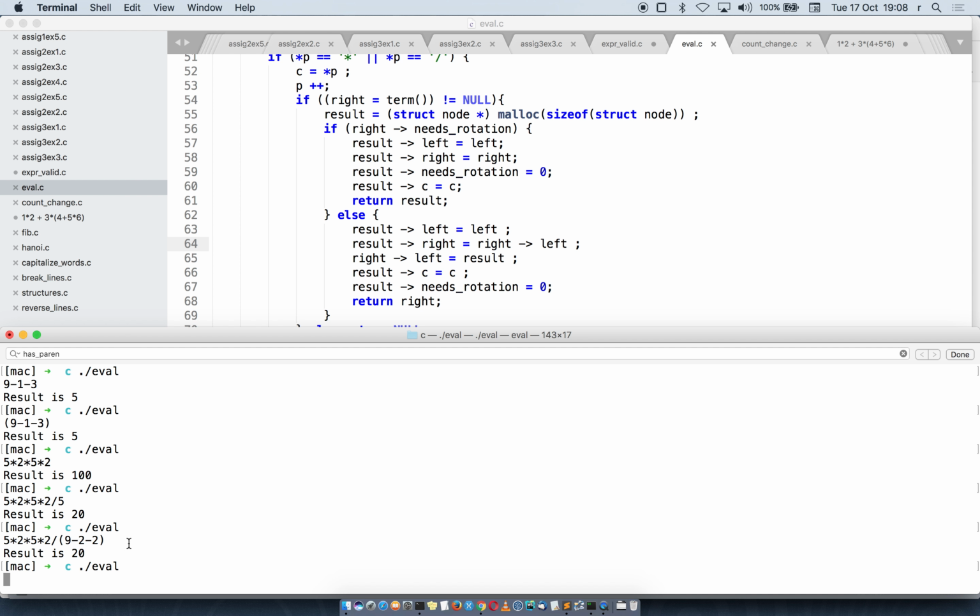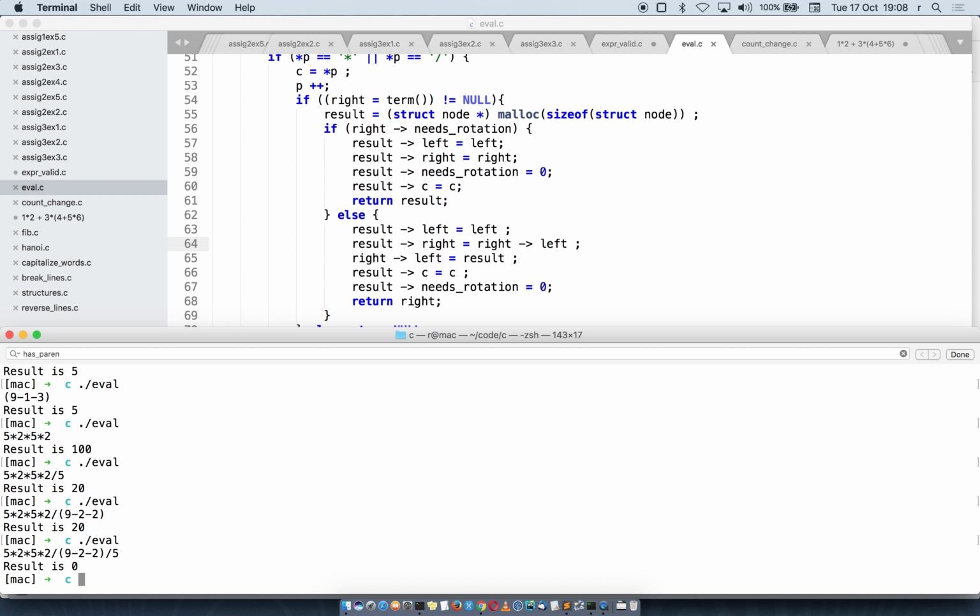So if I take this and divide it further, divided by 5, you get 0.